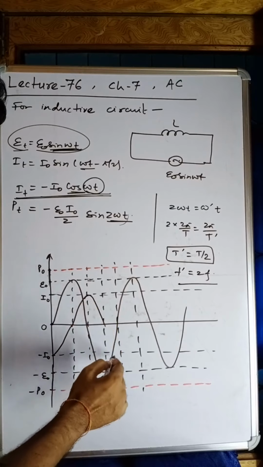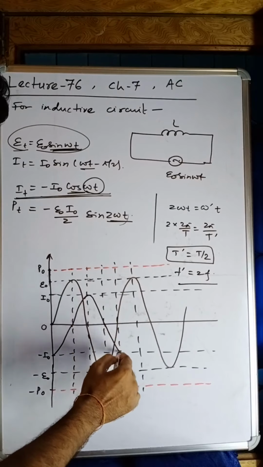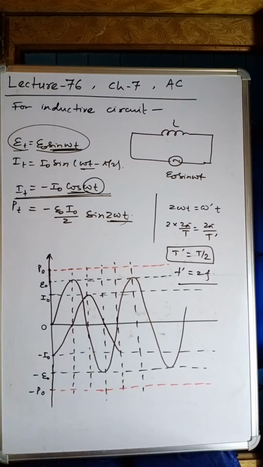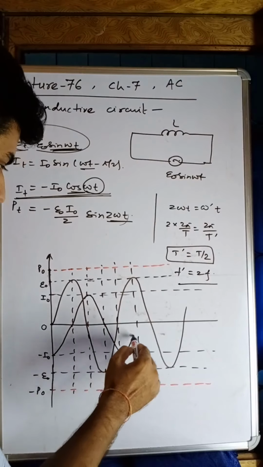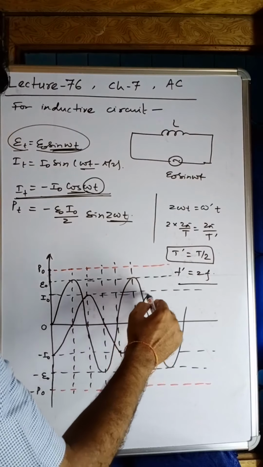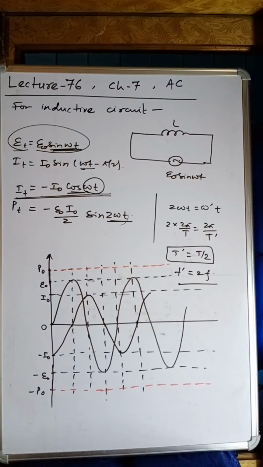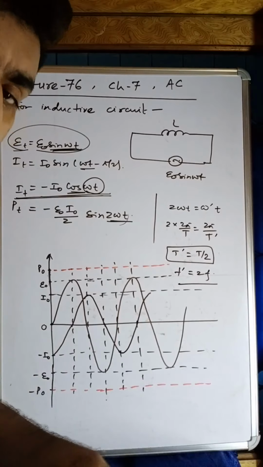It comes down here, it goes again to maximum. If you draw the parameters clearly, the graph will be very crystal clear, and really you will enjoy, my dear students, plotting this graph because these are not very tough.